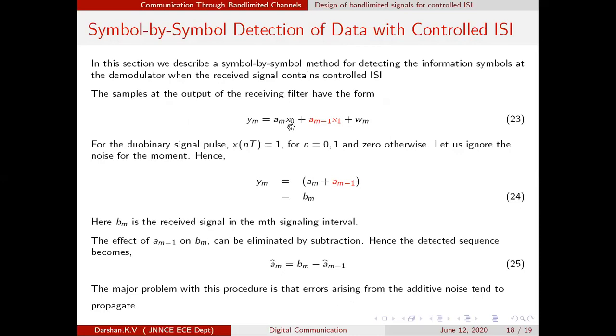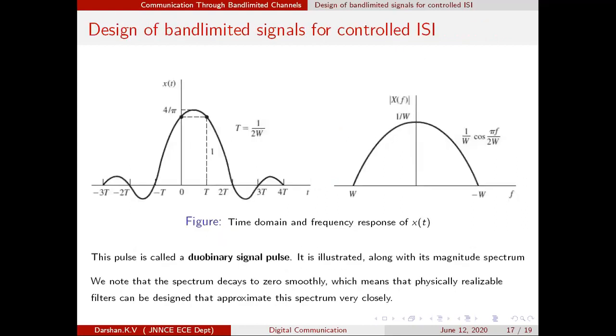And into x0 plus what am I having? The other component, Am minus 1 into x1. Observe this. So this is the ISI component. How many ISI components am I observing? I am observing only one ISI component. Why are you observing only one ISI component?